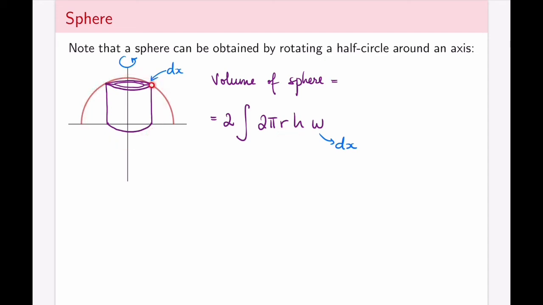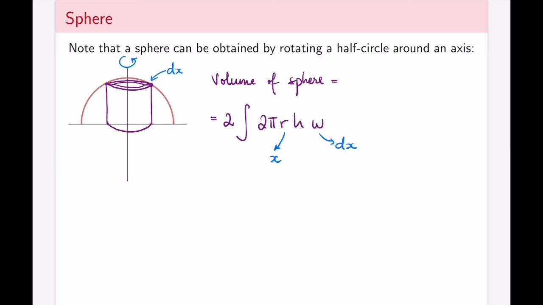If this is the point that I planted on my function, then the radius is this length right here, which of course is the x-coordinate of my point that I chose. Because my integral is already in terms of x, my radius then needs to simply be x. Now for the height, again, same point: the radius was the x-coordinate, and the height is of course the y-coordinate of this point, which I have to express in terms of x.